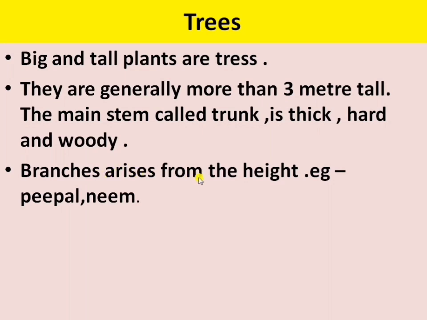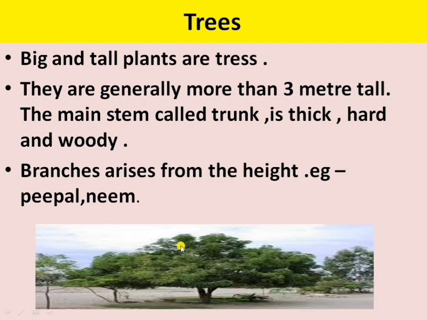Their branches arise from a height. Their examples are peepal, neem, mango, coconut and banyan. These are examples of trees. This is a picture of a tree, that is a neem tree.